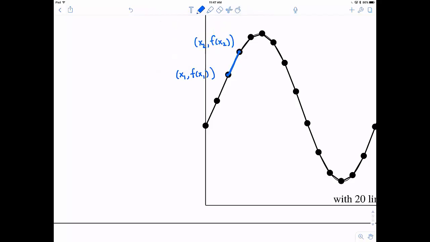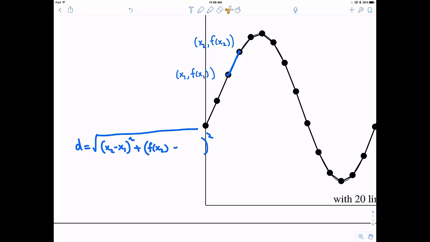Okay, so let's think about it here for a second. Distance is supposed to be the square root. We think about this whole Pythagorean theorem sort of deal. So the x distance will be x2 minus x1, and then the y distance will be f of x2 minus f of x1.